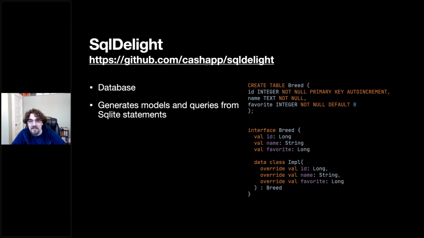What you see on the right here is the code that you write, which is just the create table statement, and the data class to implement that is then auto-generated by SQLDelight. So it's the inverse of what Room does, where in Room you define your entities and your DAO objects, and then you have to annotate them with SQL to match. SQLDelight does the opposite and says just start from the SQL, and then you can generate the Kotlin code that's correct without needing to manually match it up yourself.